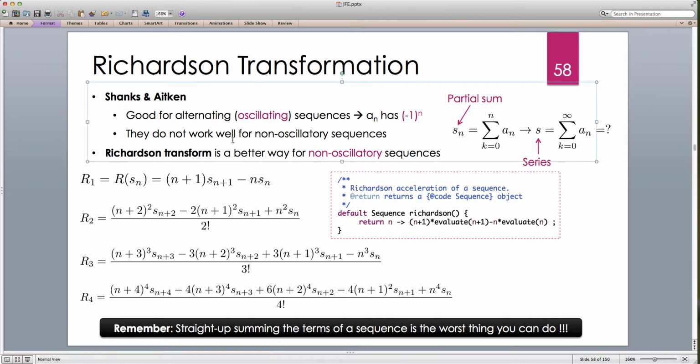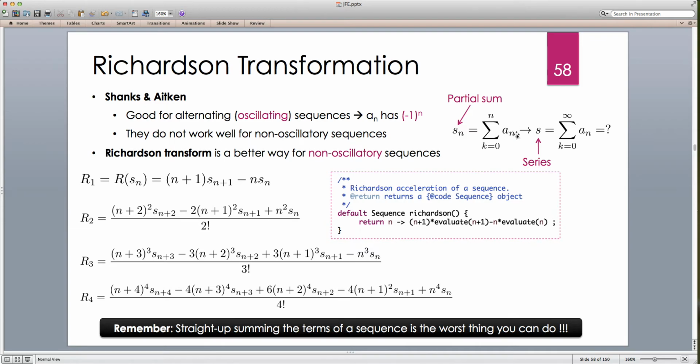But if the sequence is not oscillating, let's say all the terms are positive or negative, then typically Shanks and Aitken don't work well. They don't give you a very fast convergence. And in those cases, we typically use the Richardson transformation. So the Richardson transform is a better way for non-oscillatory sequences, all right?